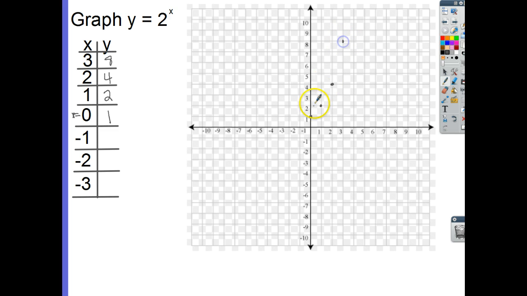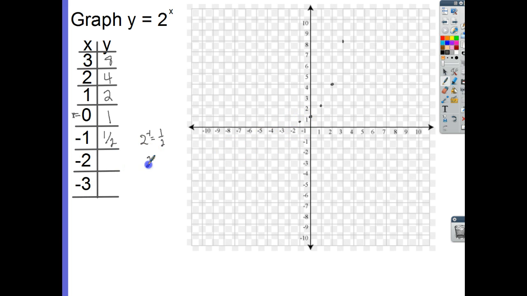As you can see, this graph is really climbing, getting steep very quickly on this side. All right, now let's put in -1. 2 to the -1 is going to equal 1 over 2, or 1/2. So at -1, we're at 1/2, right in here.